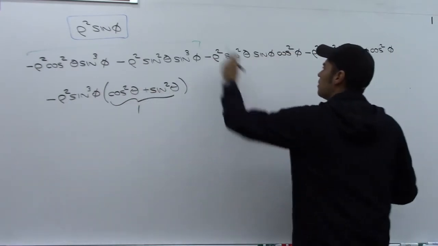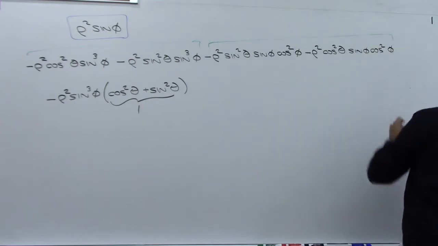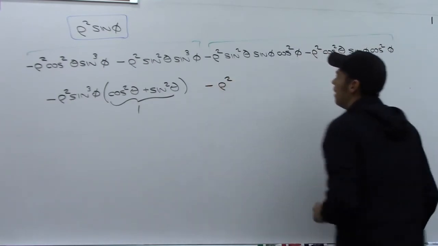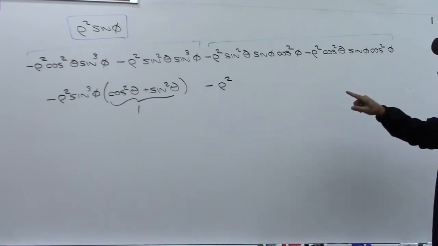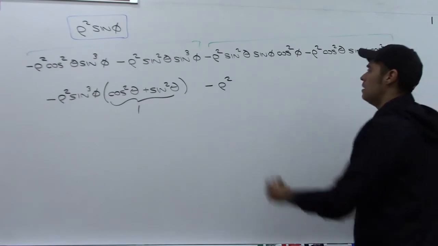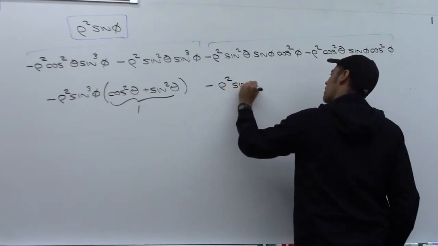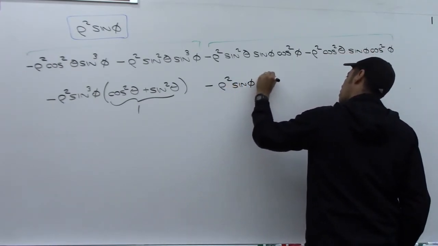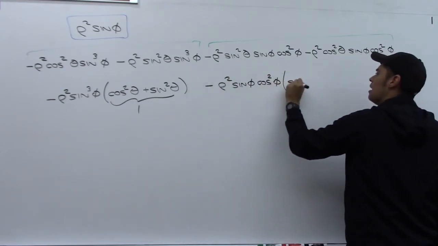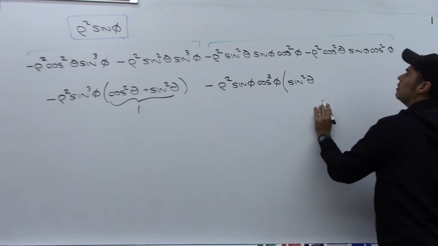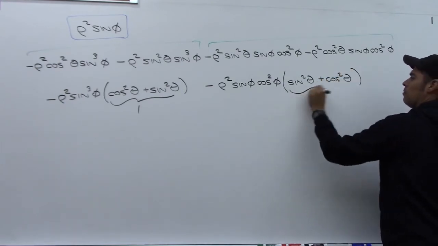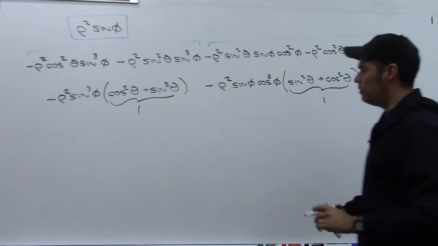Over here, if I focus my attention on these, they both have a negative rho squared. I can pull that out. They both have a sine phi cosine squared phi. So I'm going to pull out a sine phi cosine squared phi. If I do that, I'm left with a sine squared theta plus a cosine squared theta again, which is a 1. It's beautiful.